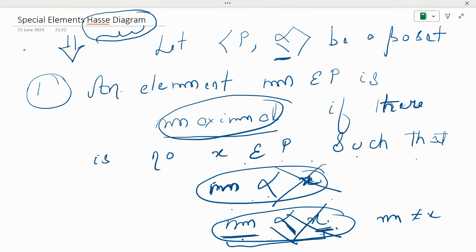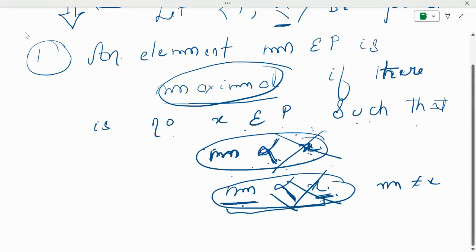So there is no X belonging to P such that M has associativity with X. This is the more formal definition, and we'll see what it actually means.